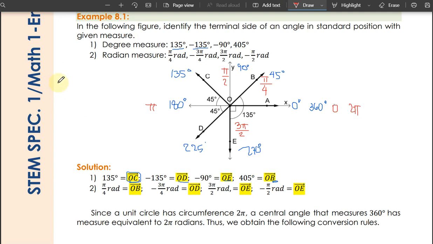So, for example, we have 3 pi over 2. Then, you are going to convert this to degrees. Take note that in degrees, there is no more pi. So, since pi is in the numerator, we put pi in the denominator of what we multiply so that it cancels. So, the top of pi is the equivalent degrees. The equivalent degrees of pi is 180 degrees.